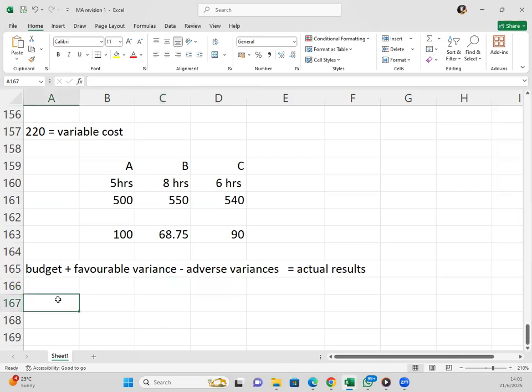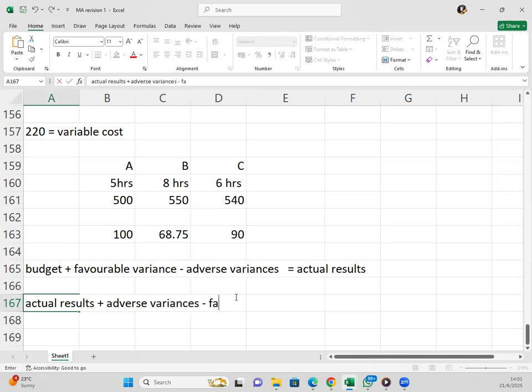What about if you are coming from the actual? If you make the actual the subject of the formula, those that are fond of maths like me would say the actual results plus adverse variances minus favorable variances is equal to the budgeted results.